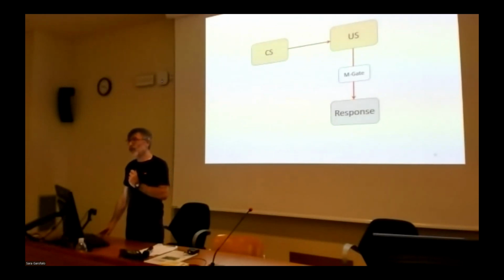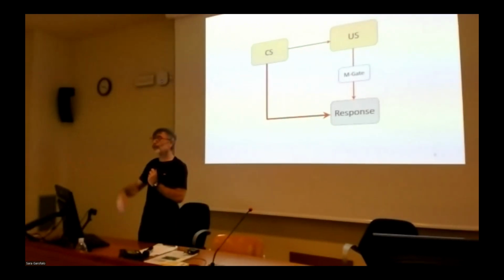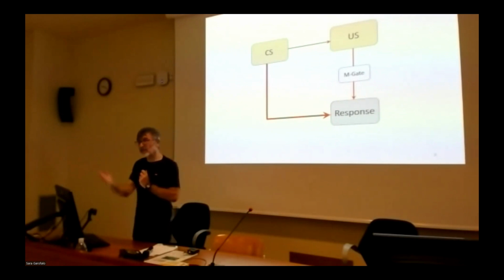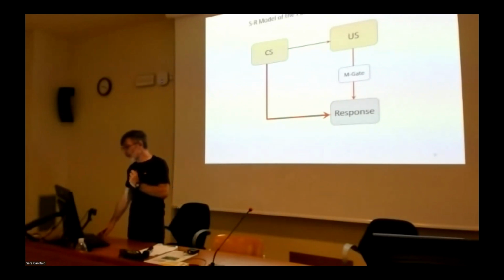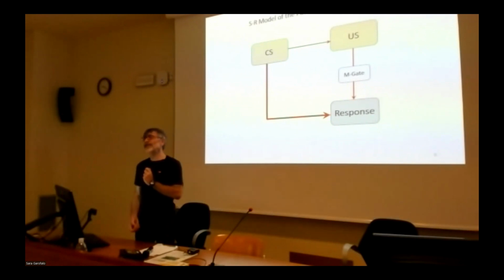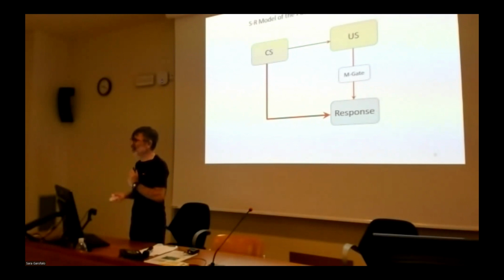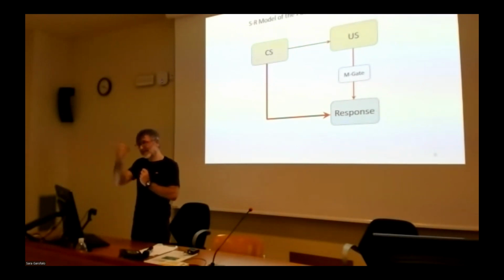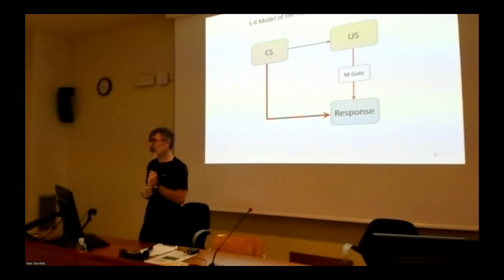The alternative that we want to support through our experiment is that there is also a stimulus that is associated with the response, a stimulus-response model of Pavlovian learning. This direct learning from the CS to the response, not indirect, is the main idea of our project.